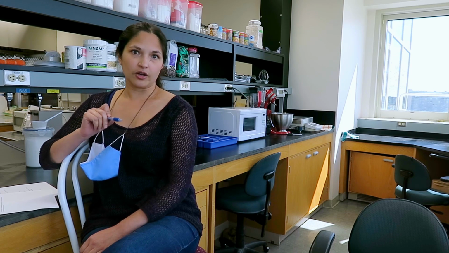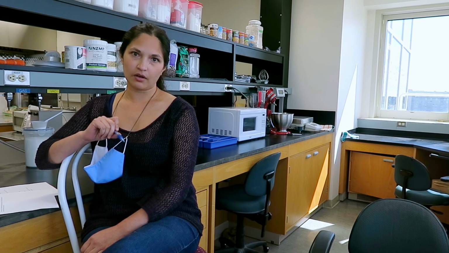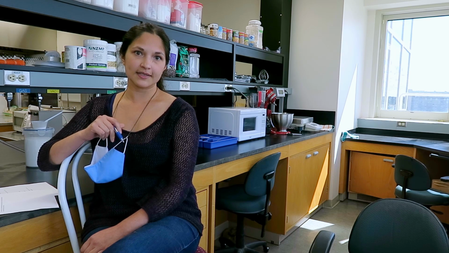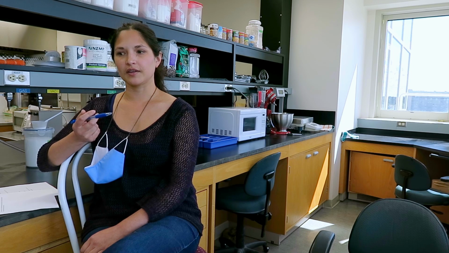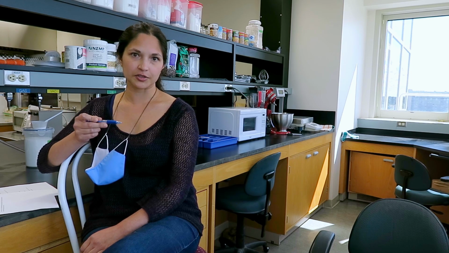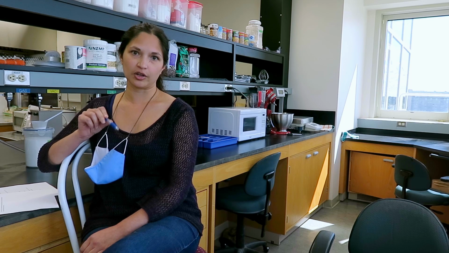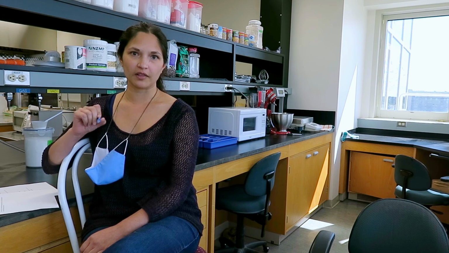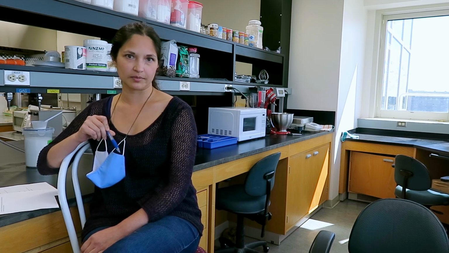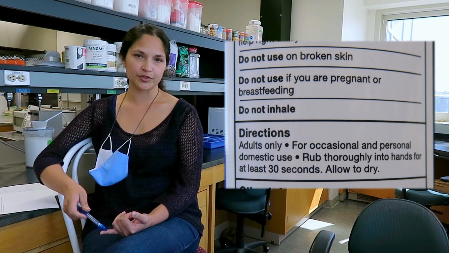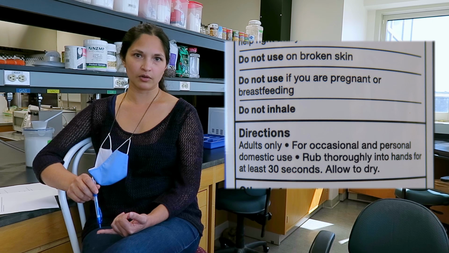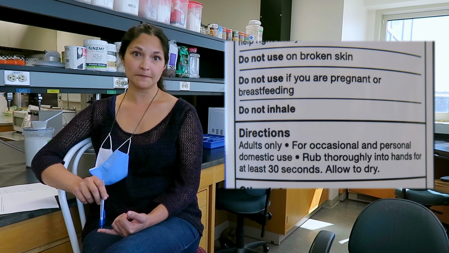Now, in the last video, we talked about technical grade ethanol, and with the approval and licensing of these ingredients, the distributors and hand sanitizer manufacturers are required to include additional information on the labels in addition to what we've just talked about. There should be a notice that the product is not for use by people who are breastfeeding and pregnant or children.